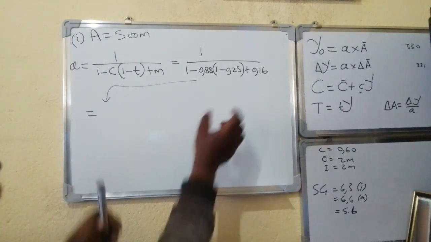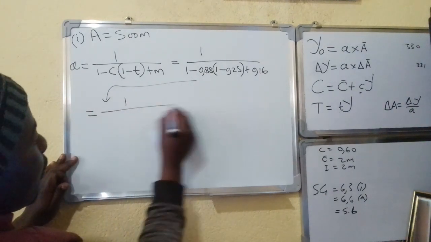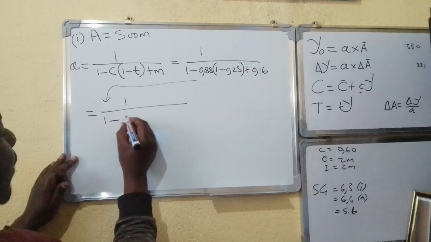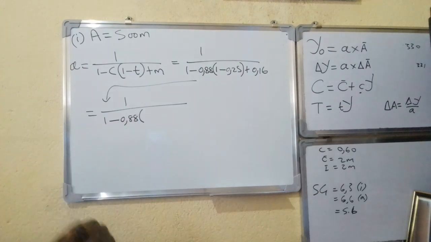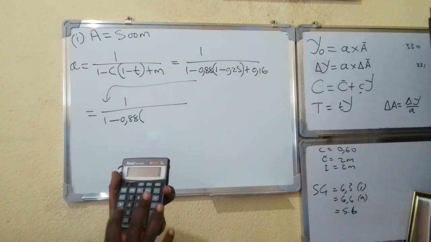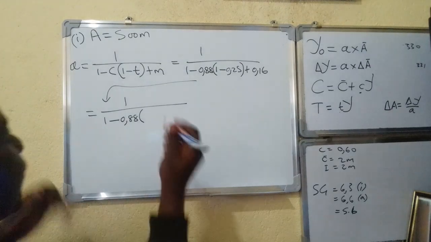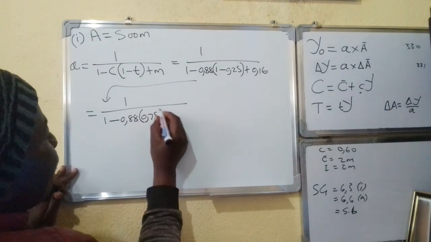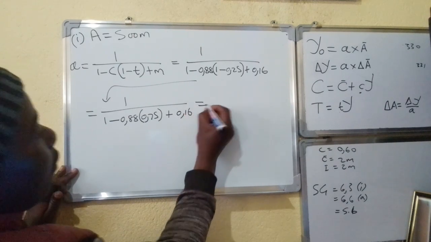Now, let's move. I said you start with the bracket, always. So you have 1 over 1 minus 0.88 into the bracket. In the bracket, we have 1 minus 0.25. We have 0.75, and then you have plus 0.16.